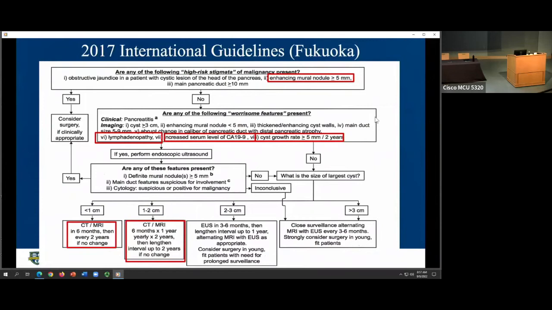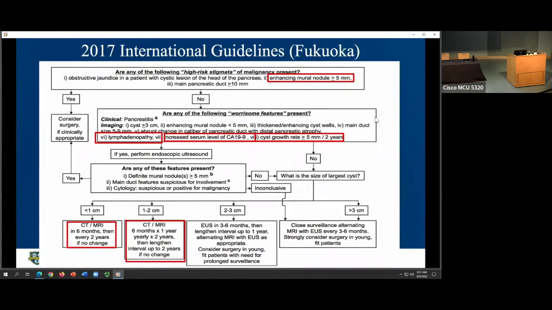So criteria such as mural nodules greater than 5 millimeters were added as high-risk stigmata. And if the patients have the high-risk stigmata, then they are referred for surgical evaluation. And if the patient doesn't have the high-risk stigmata, then you evaluate for any worrisome features that are present on the imaging.